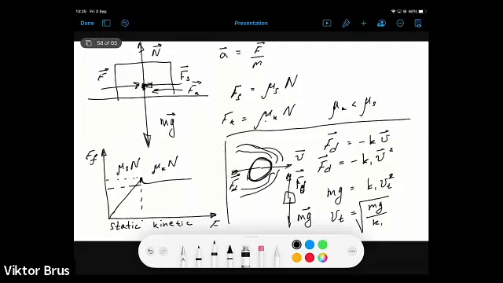And the maximum speed which can be reached under this falling of the body in a given environment is called terminal velocity or terminal speed.